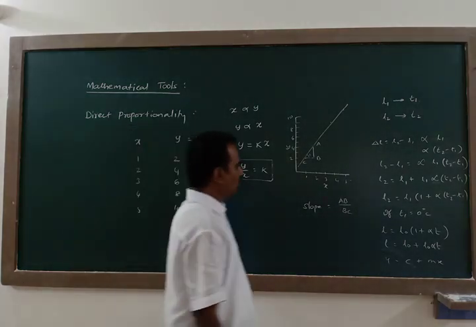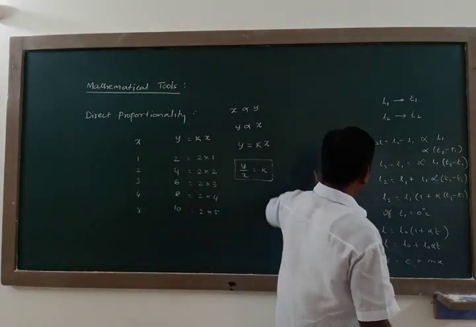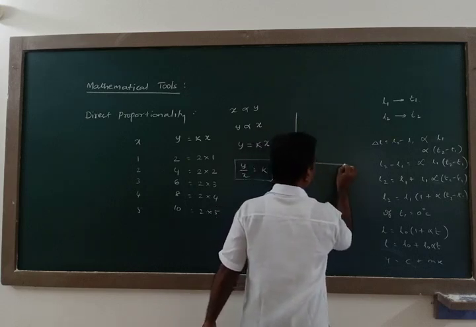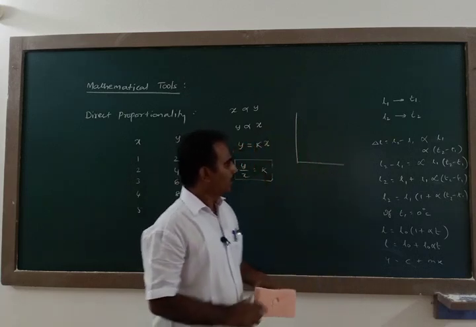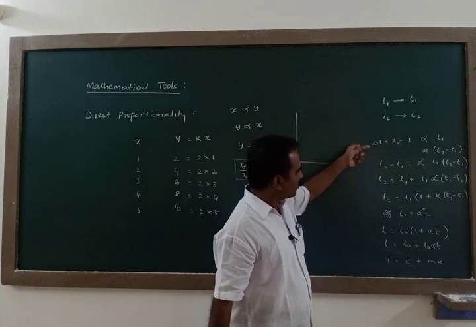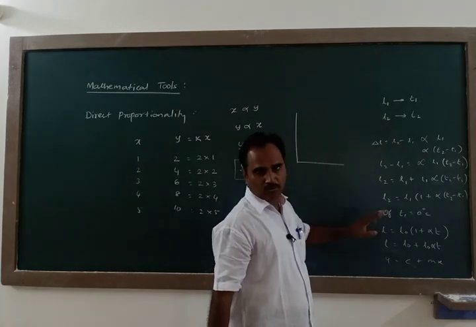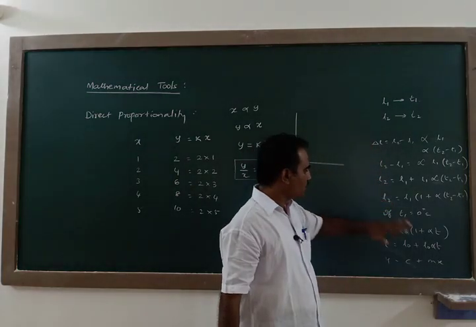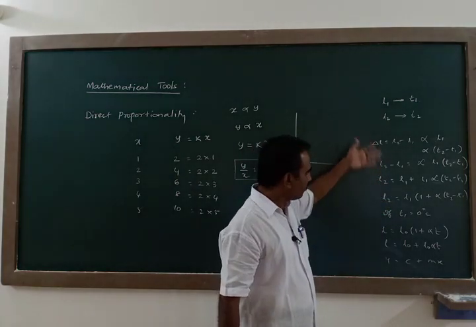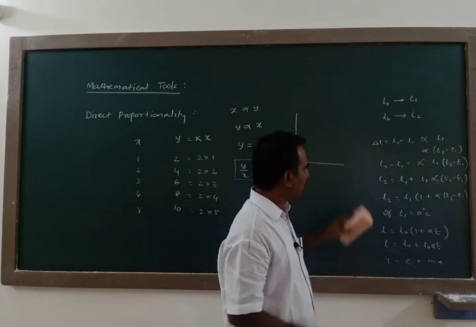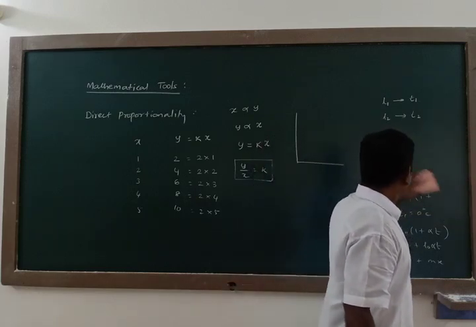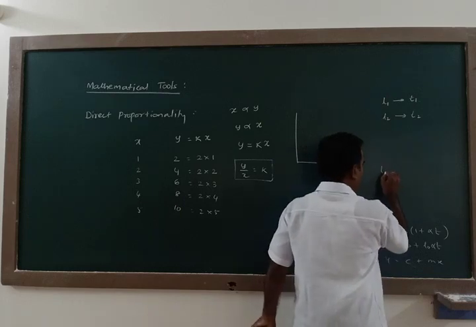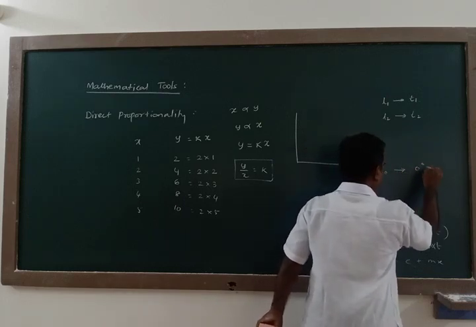Therefore, if I plot a graph of this L versus T, if you understood all these things, it is well and good. If you could not follow these equations, just remember that L0 is the initial length at 0 degrees Celsius.